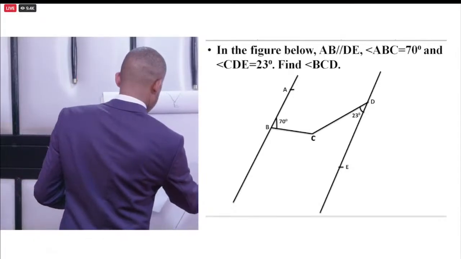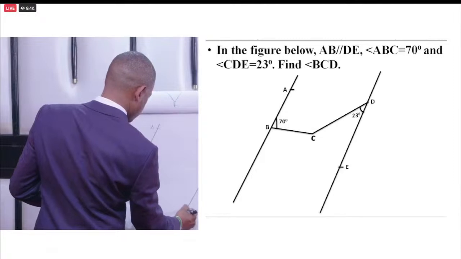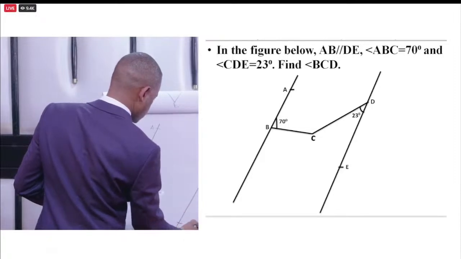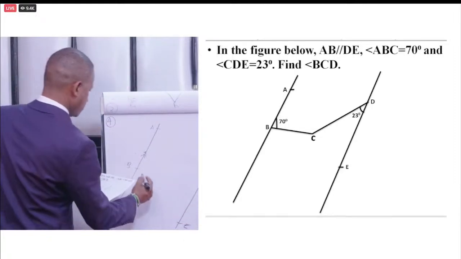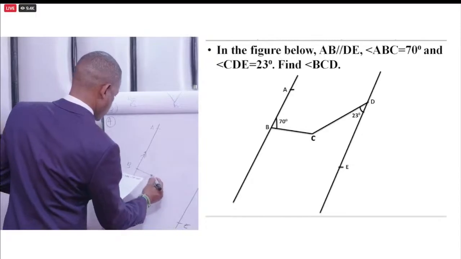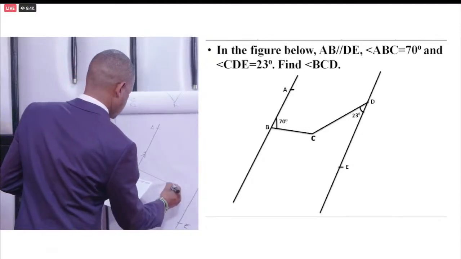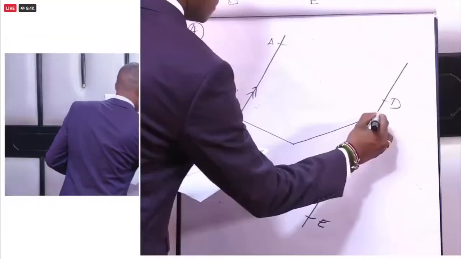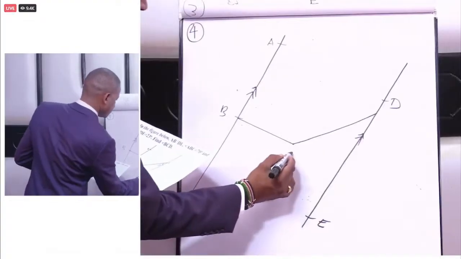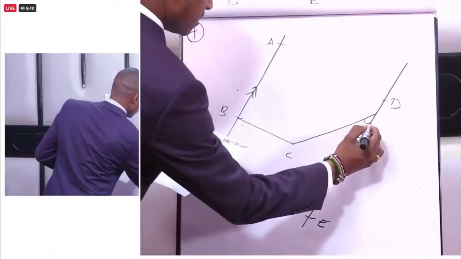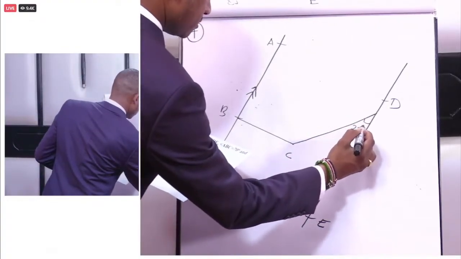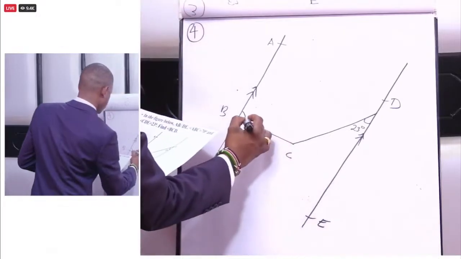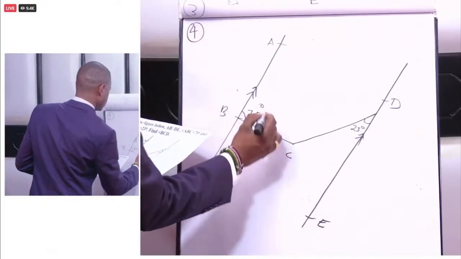D is somewhere there. Then E is somewhere there. Then there is something interesting here. This is C. Then here you are told is 23 degrees. Then here you are told it is 70 degrees.